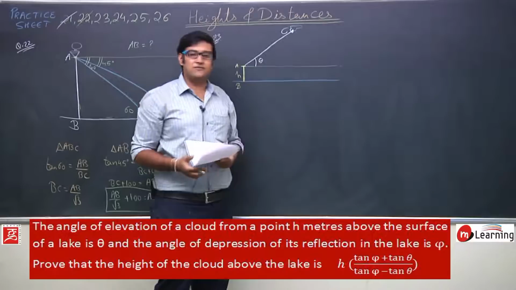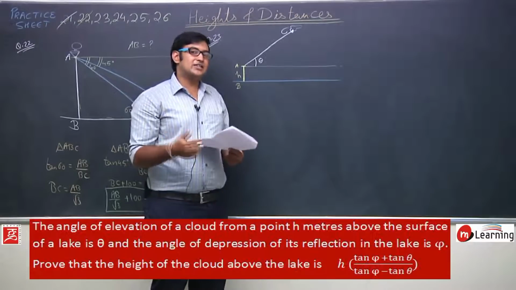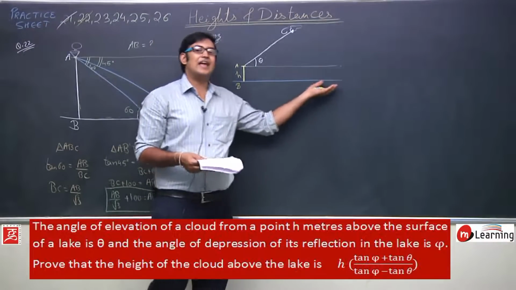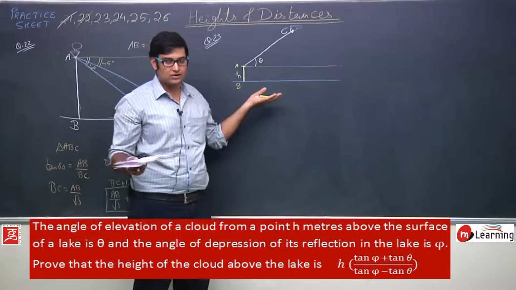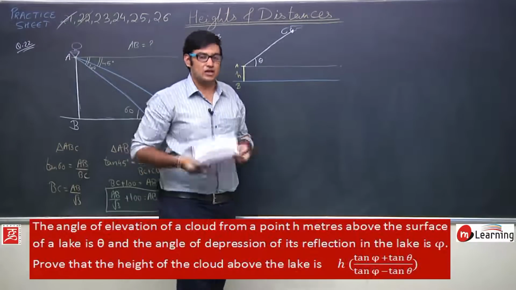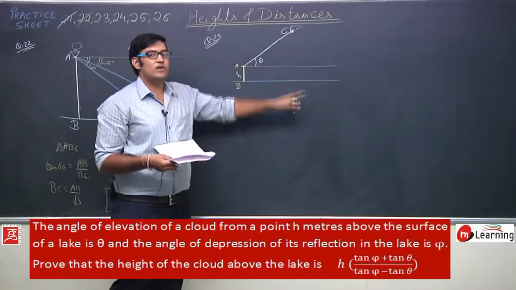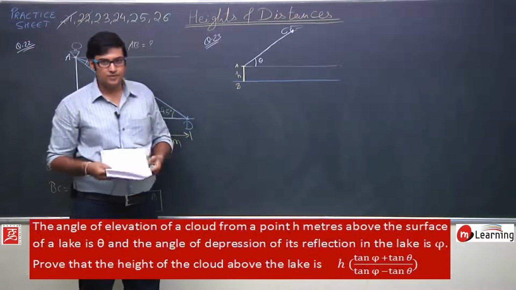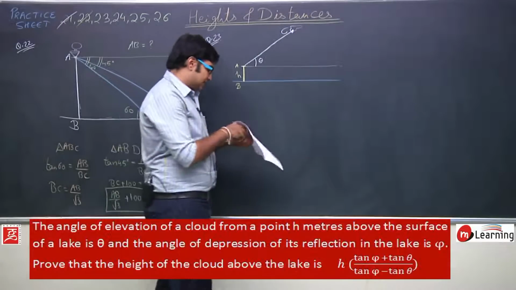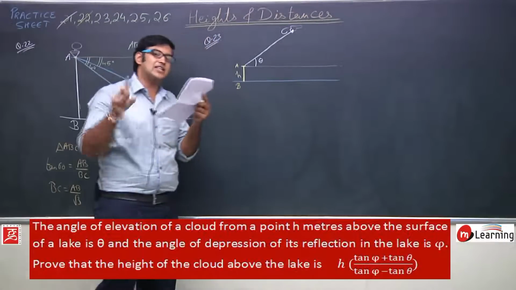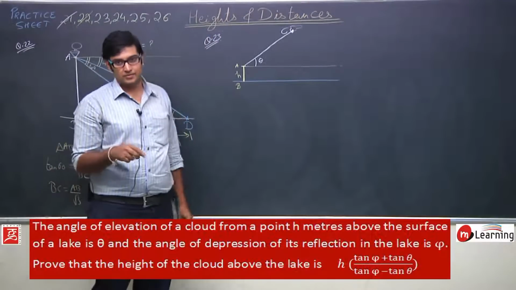As you have studied in reflection, the plane mirror, this lake will act as a plane mirror for this cloud. So definitely the image of this cloud will be formed inside this lake. And it says the angle of depression of its reflection in the lake is phi.